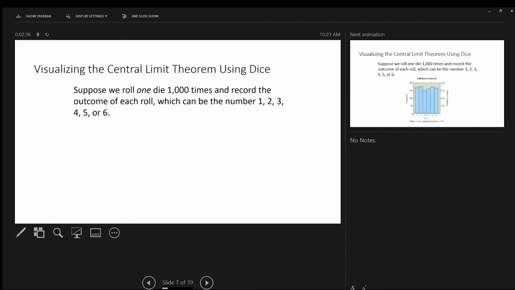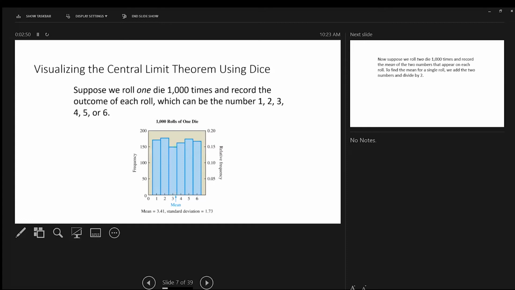So here's one way to think about the central limit theorem using dice. Suppose we roll one die 1,000 times and record the outcome of each roll, which can be the numbers 1 through 6. We would get a figure somewhat like this, because we have a uniform distribution. We have a uniform probability of rolling numbers 1 through 6. So we do 1,000 rolls.